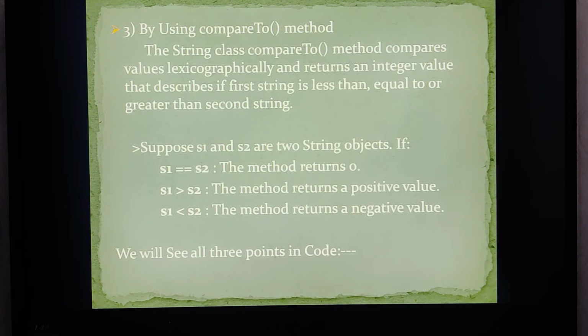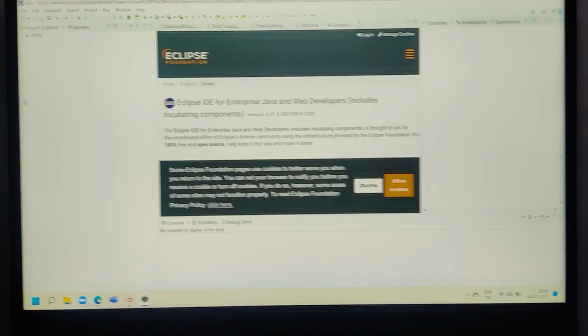So if s1.compareTo(s2) is called and both the objects are the same, then it will return 0. If s1 is greater than s2, then it will return a positive value. If s1 is less than s2, it will return a negative value. Let's see it in the code now.